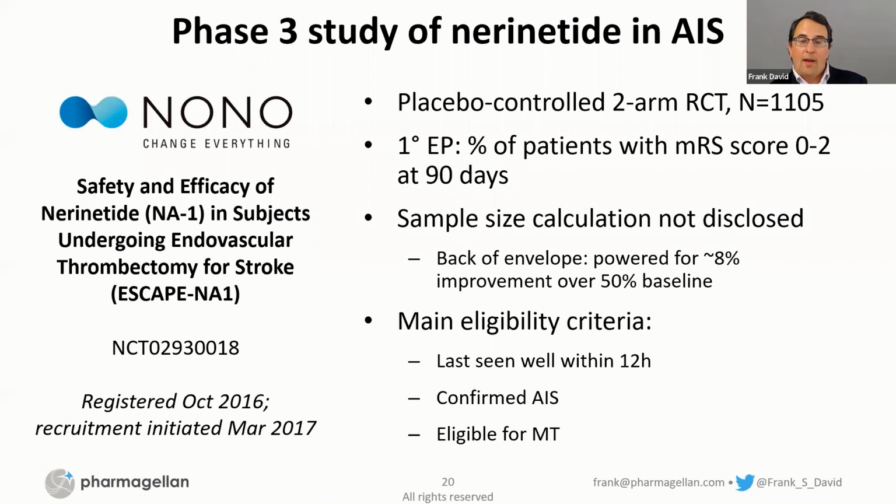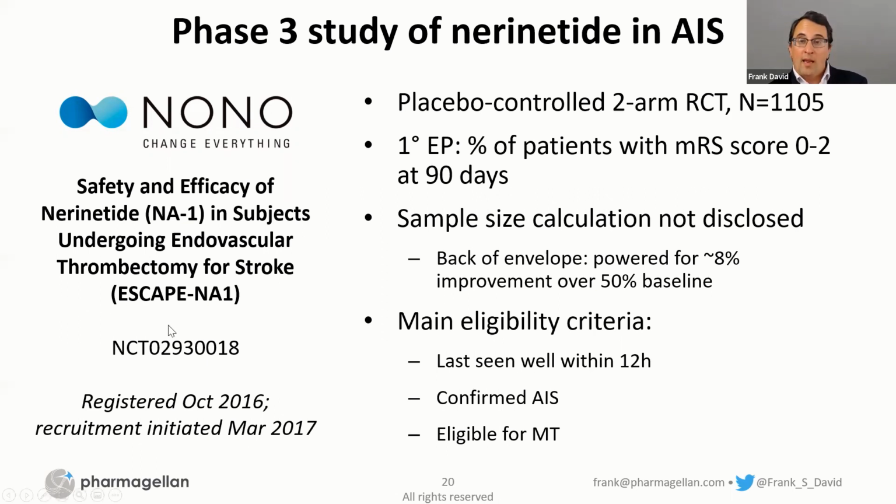What one would find is that there's a large number of trials with pretty similar eligibility criteria, and this is viewed as the logical first port of call for a new treatment in acute ischemic stroke. Most of the trials without these criteria are of things that have already succeeded in another context, and they're really just trying to expand the utility. So this is the field standard for how to approach this.